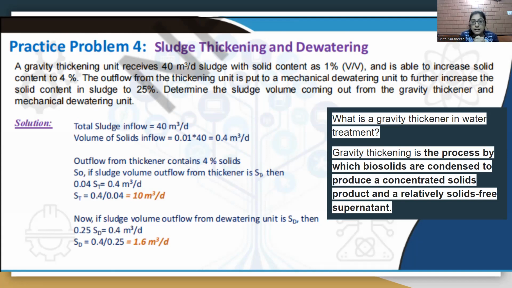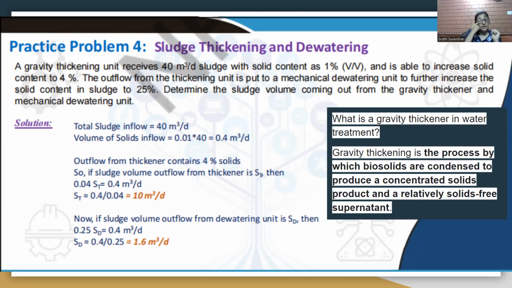They want us to determine the sludge volume that is coming out first out of the gravity thickener, that is, the flow rate or the volume of the sludge coming out of the gravity thickener, and also what is the volume of the sludge that is coming out of the mechanical dewatering unit.